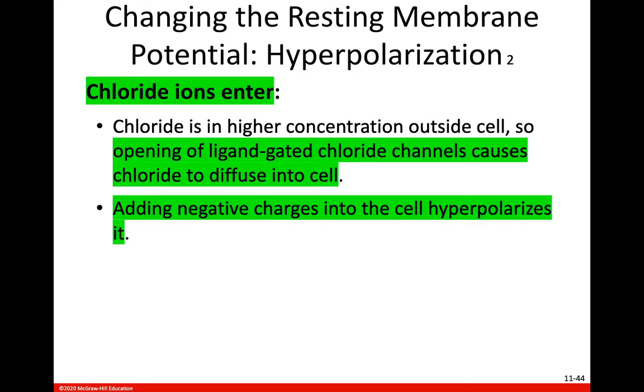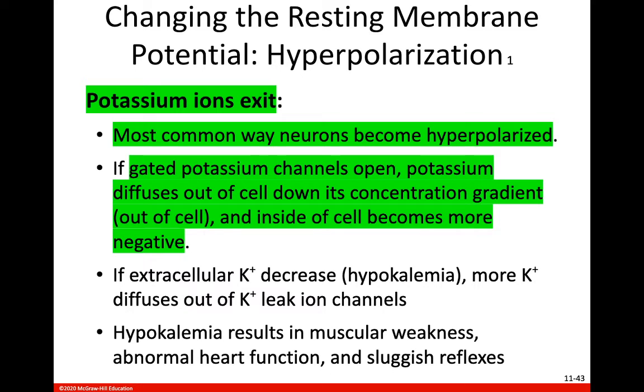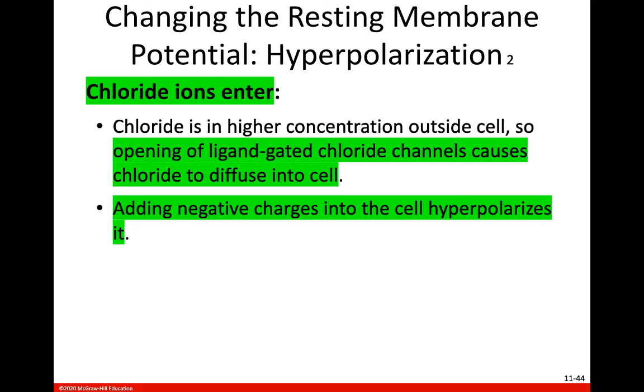Another way that we can hyperpolarize is if chloride ions enter the cell. Again, anytime you are taking positives out, which is what we're doing with the potassium, or if you're letting negatives in, you're going to cause the inside of the cell to become more negative instead of less negative.